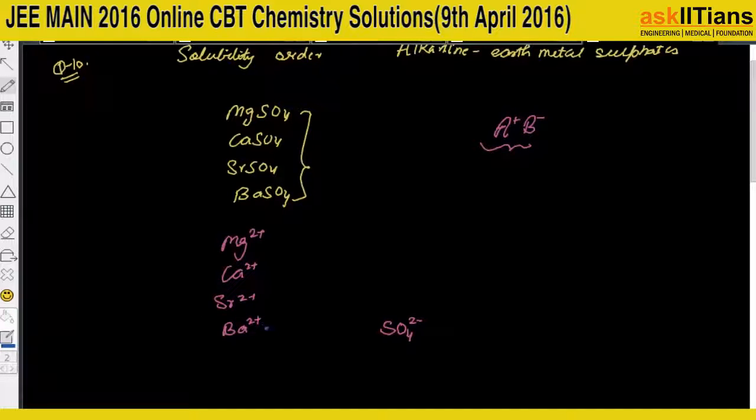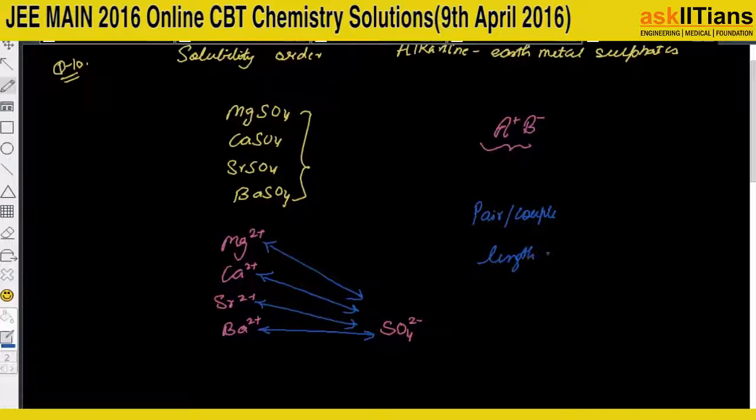if I ask you to draw the arrow between all these cations and the anion, then for any particular pair, if the length of the arrow is maximum, that means the solubility will be maximum.